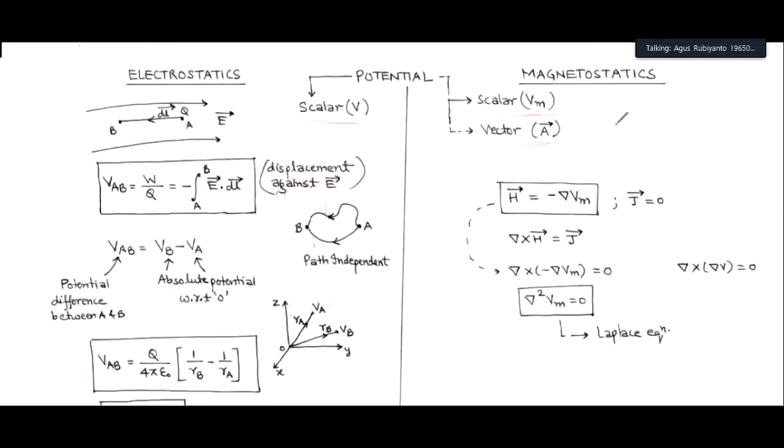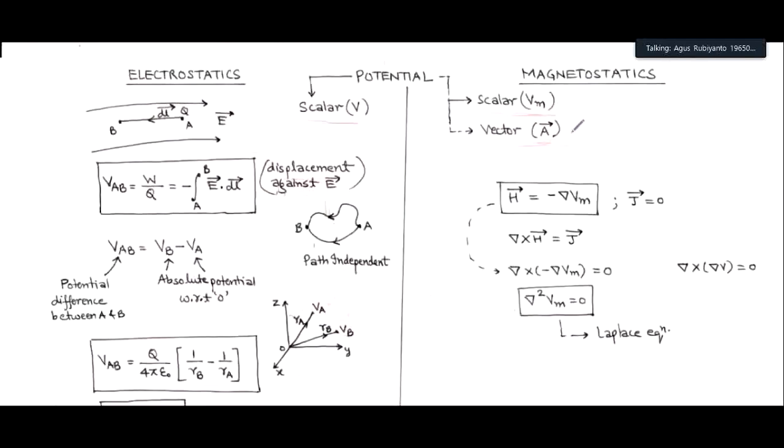Now we talk about potential in magnetostatics. There are two types, magnetic scalar potential denoted by V suffix m and magnetic vector potential denoted by A vector. First we talk about magnetic scalar potential, that is V suffix m.